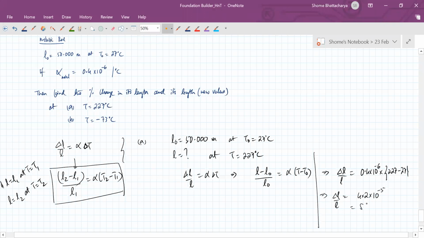So that is 8 into 10 raised power minus 5. Sorry, into 10 raised power minus 3. Minus 3.